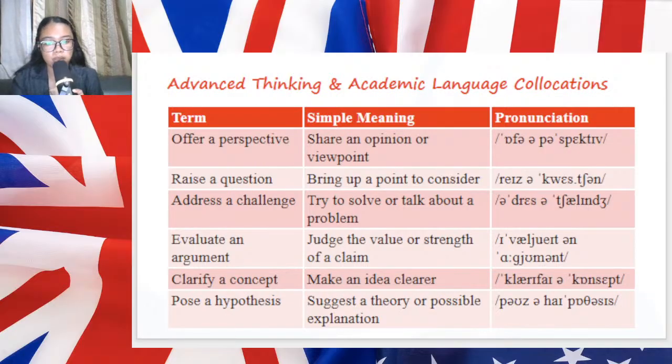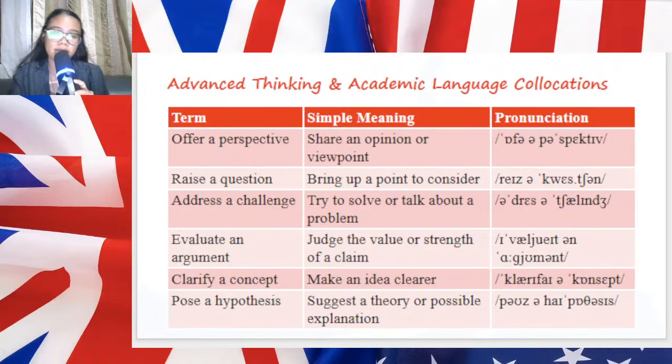This phrase implies a respectful contribution to a conversation or analysis where multiple perspectives might exist. It suggests you are not stating facts, but adding thoughtful insight that can help broaden understanding or spark further discussion. Offering a perspective is key in critical thinking and scholarly debate because it shows openness and analytical skill.